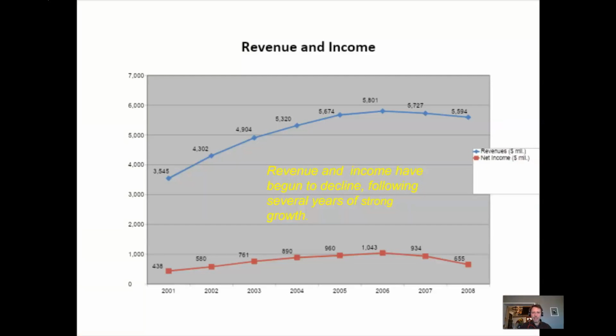But if you document the time frame, you can see income or revenue or sales, all the same thing. And you can see profit margins or net income in the red line here.